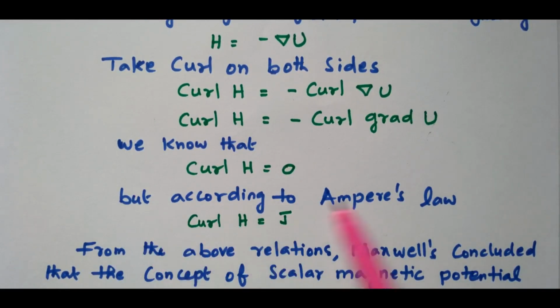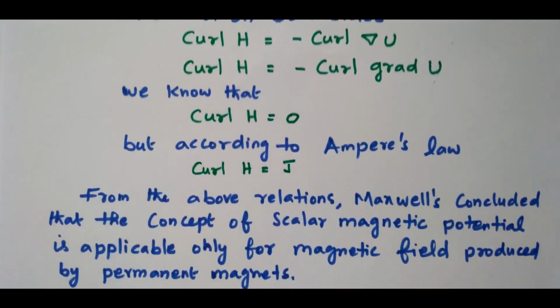But according to Ampere's law, curl of H equals J, the current density. So the expression curl of H equal to 0, but based on Ampere's law, curl of H equal to J. These two are not matching together.